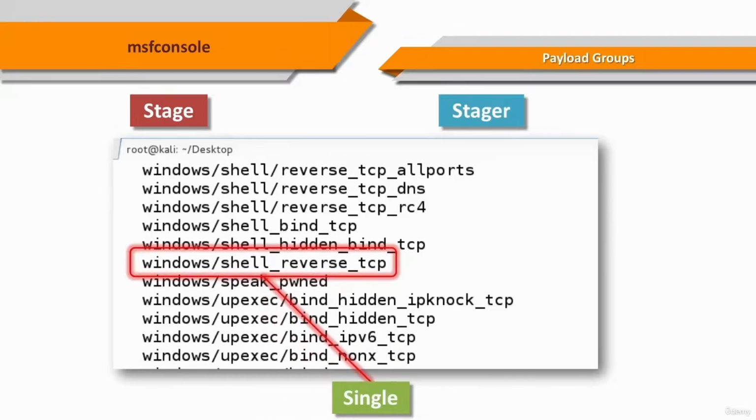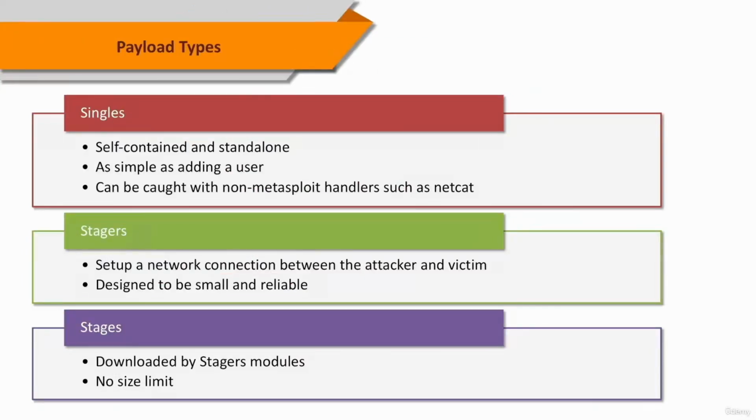For example, Windows/shell_bind_tcp is a single payload with no stage, whereas Windows/shell/reverse_tcp_rc4 consists of a stager, reverse TCP RC4, and a stage, shell.